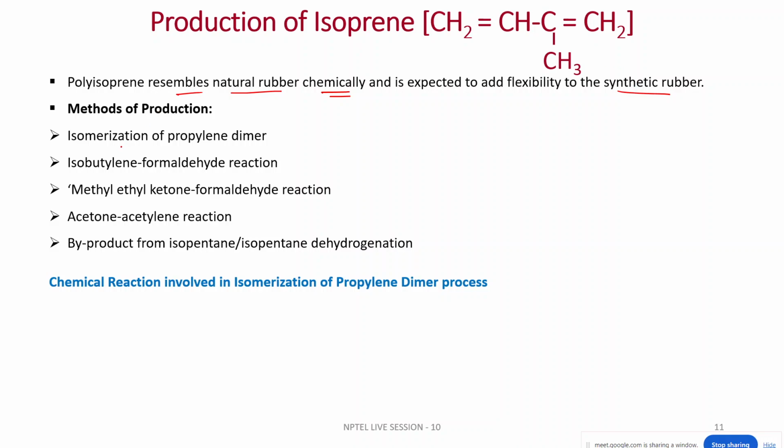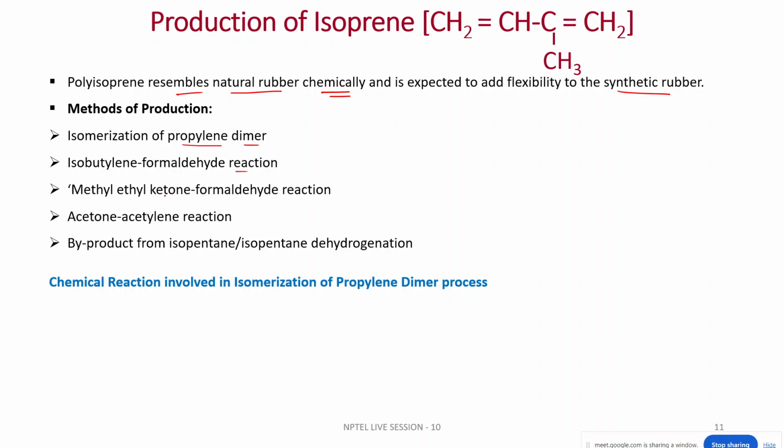What are the methods available for the production of the isoprene? The first method is isomerization of the propylene dimer. Next one is the isobutylene formaldehyde reaction.